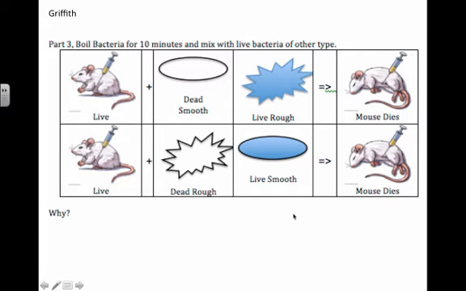So hopefully you decided that, at least in this case, the mouse dies because the live smooth bacteria kill it, and the rough bacteria are basically not doing anything. And here, hopefully you've concluded that the live rough bacteria must have taken something from the dead smooth bacteria such that they're able to kill this mouse.